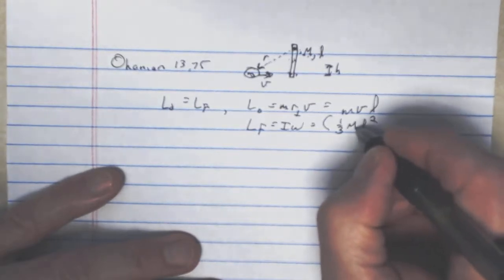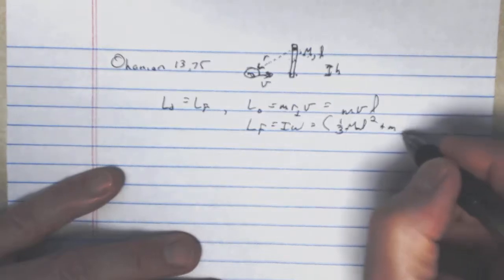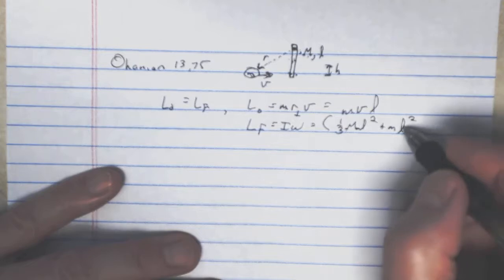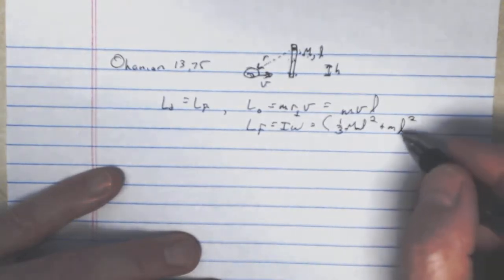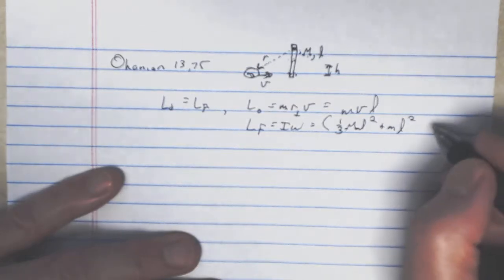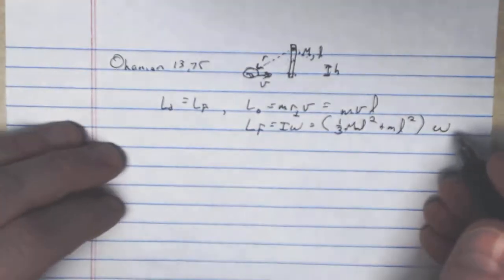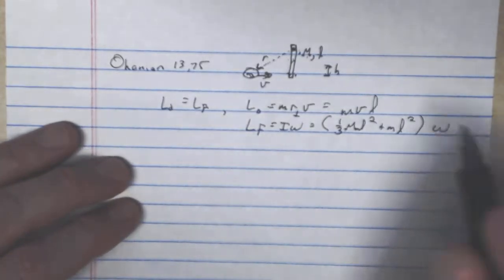So this is our capital M. Put the little foot there to make sure you know it, plus the little mass of the ball times L squared, because it's a point particle rotating in a circle of radius L. So its moment of inertia is just the sum of m sub i, r sub i squared, or mL squared in this case, times the omega after the collision. I won't bother labeling omega final or initial because there's only one omega to worry about.